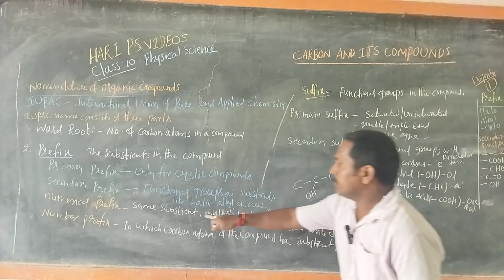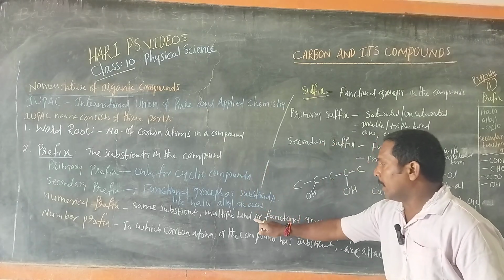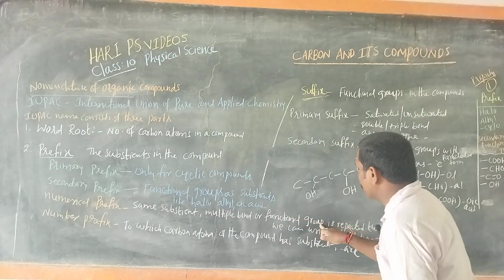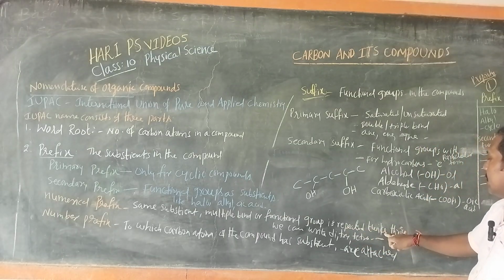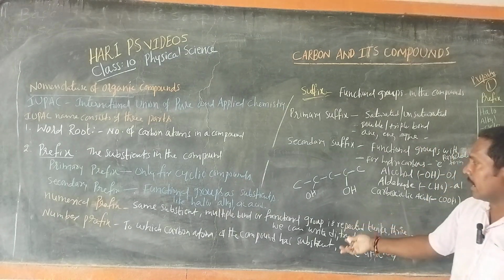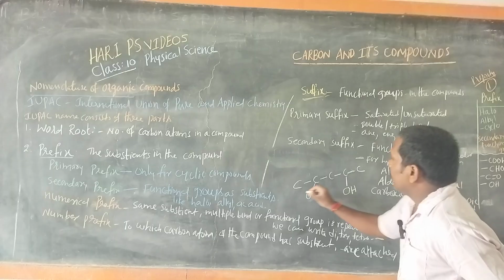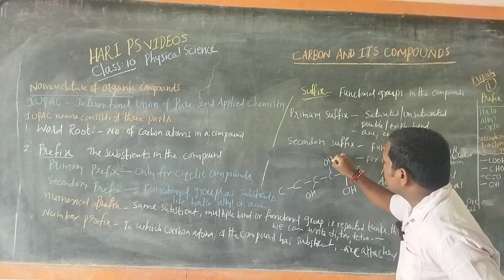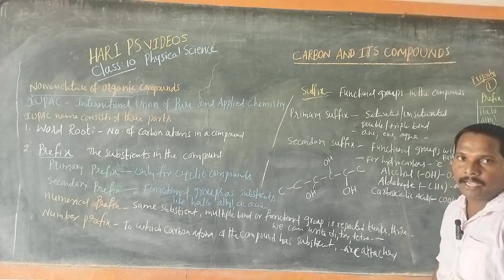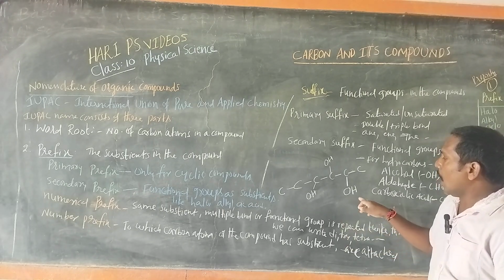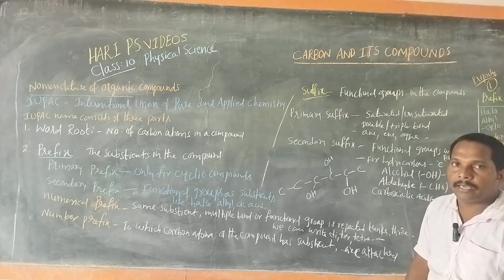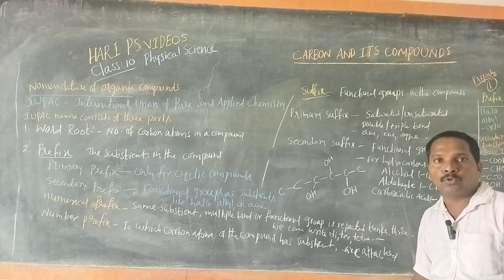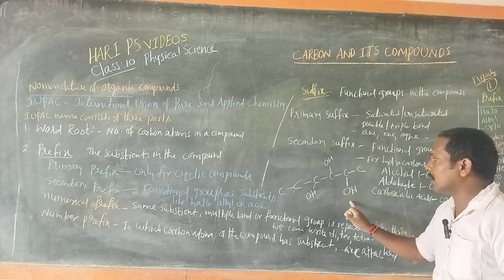The same substituent, or multiple bond, meaning double bond or triple bond, or functional group, is repeated twice, thrice. If you take one more carbon and this also has OH, how many functional groups are there? Three. Same functional group or different? Same functional group, alcohol.